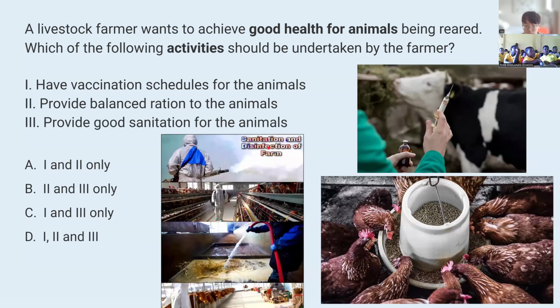Okay, so let's answer this question. A livestock farmer wants to achieve good health for animals being reared. Which of the following activities should be undertaken by the farmer? So, yeah, read carefully through these options and what do you think the answer is?